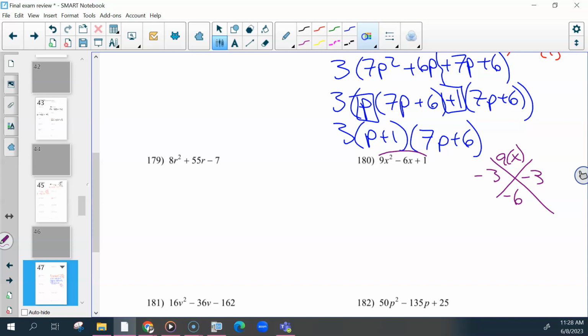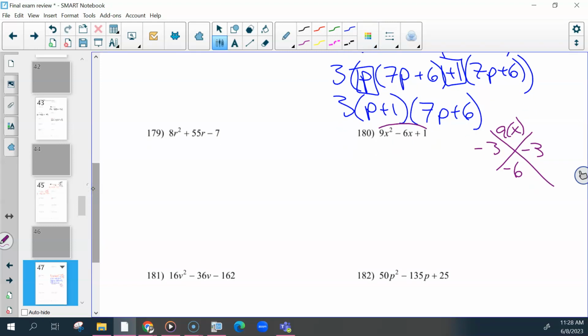I'll finish it. Rewrite this into 4 terms. Split it down the middle. Look for the GCF of the first two and divide that from both.